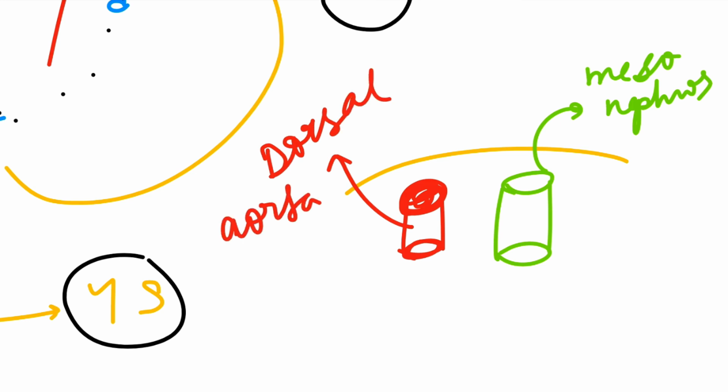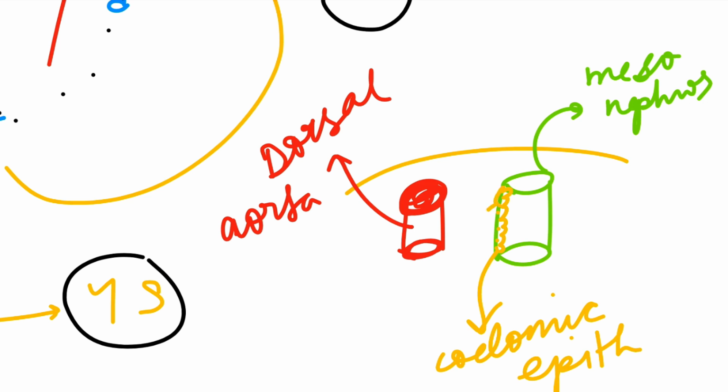Now the epithelium which is lining the medial side of the mesonephros, those cells are known as the coelomic epithelium. And it is this coelomic epithelium which is going to proliferate.